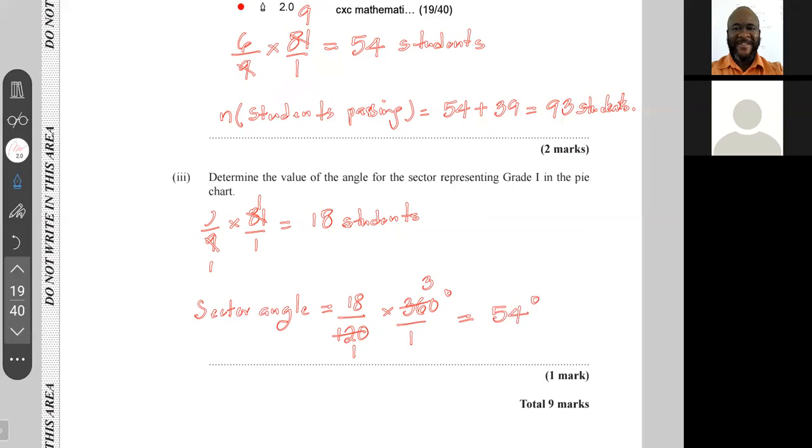So in drawing my pie chart, the number of students who got grade 1 would be represented by 54 degrees.